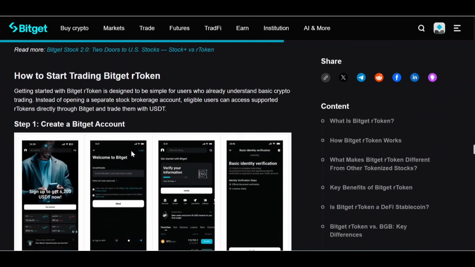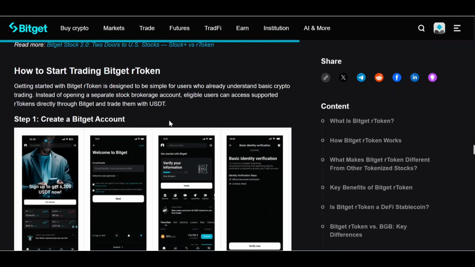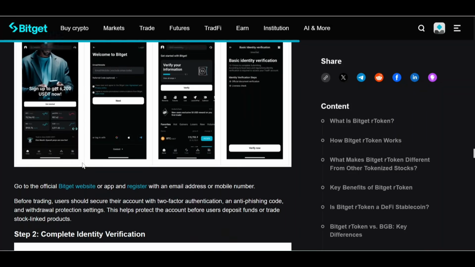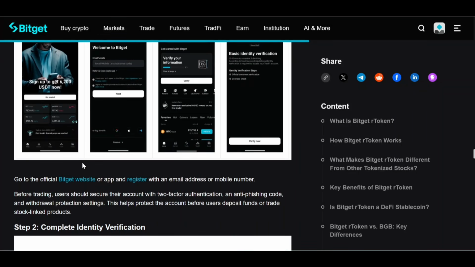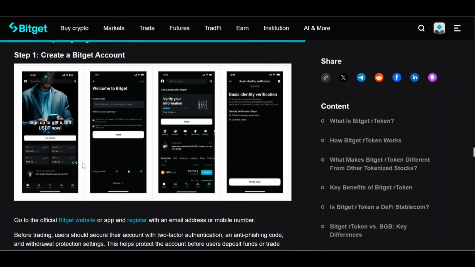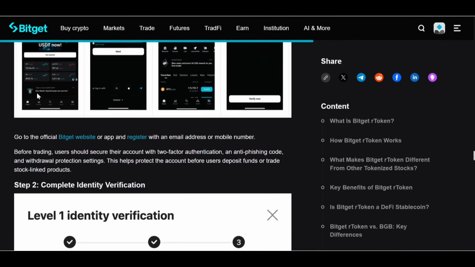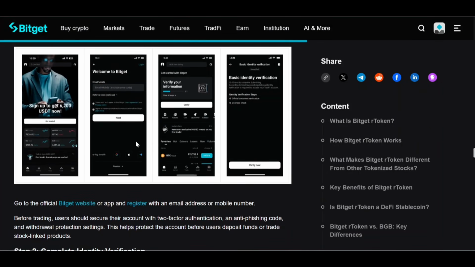We won't get so much into that. We'll scroll down here, and it's telling you now how to get started trading with Bitget rToken. So you first need to open up a Bitget account, and we'll leave a link down below for that as well, for you guys to be able to get access to Bitget. And yeah, you just follow these steps here on the picture. It's very self-explanatory.